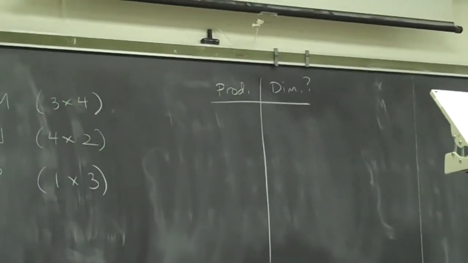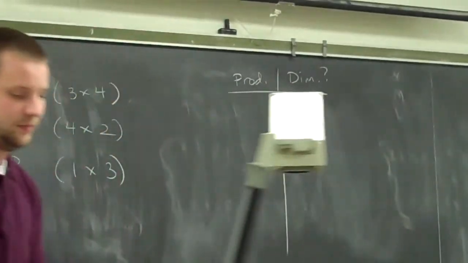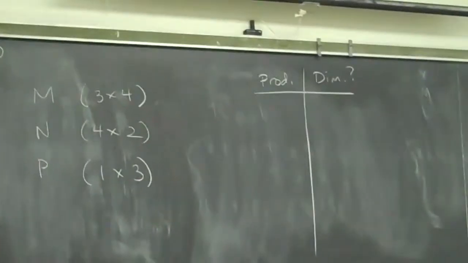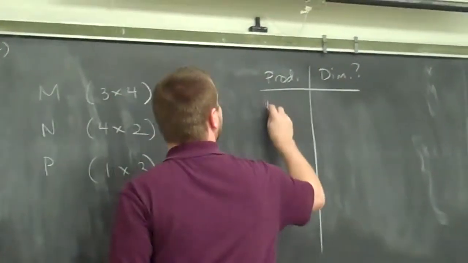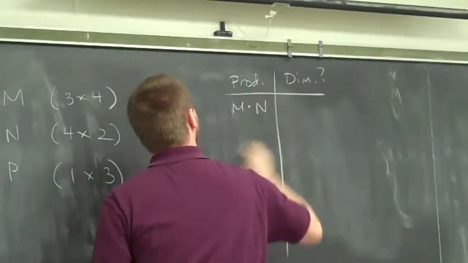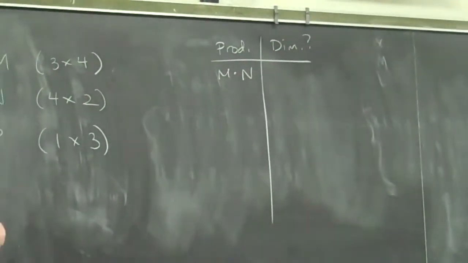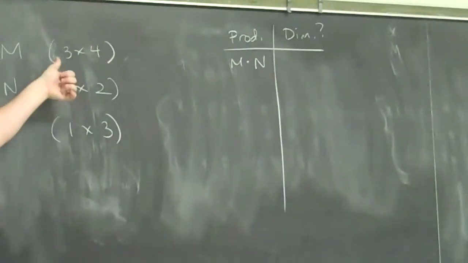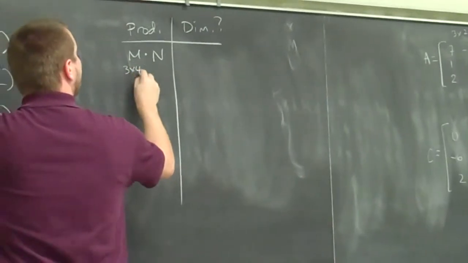Let's just start with the first two, M times N. If I tried multiplying M and N together, first off, could I? And if I can, what do I get? What are the dimensions of M? 3 by 4.